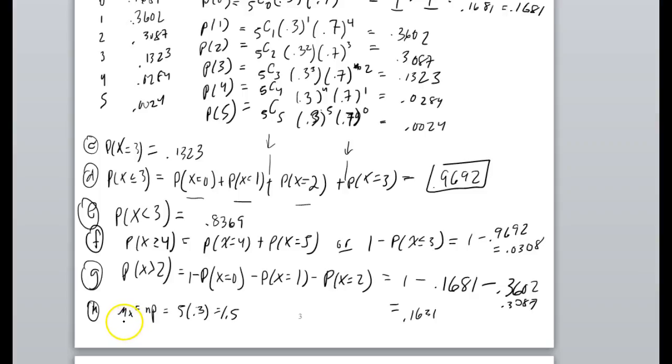And variance is going to be n times p times q, which is 5 times 0.3 times 0.7, which is equal to 1.05. And then standard deviation is just going to be the square root of that.